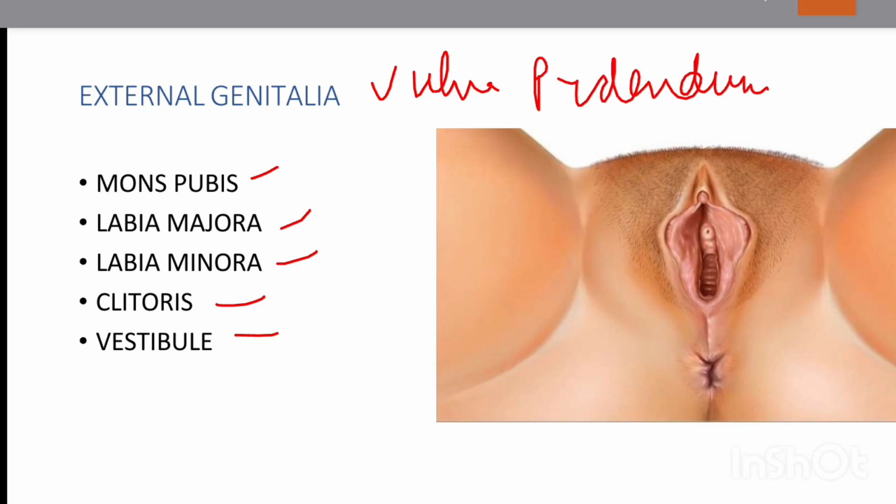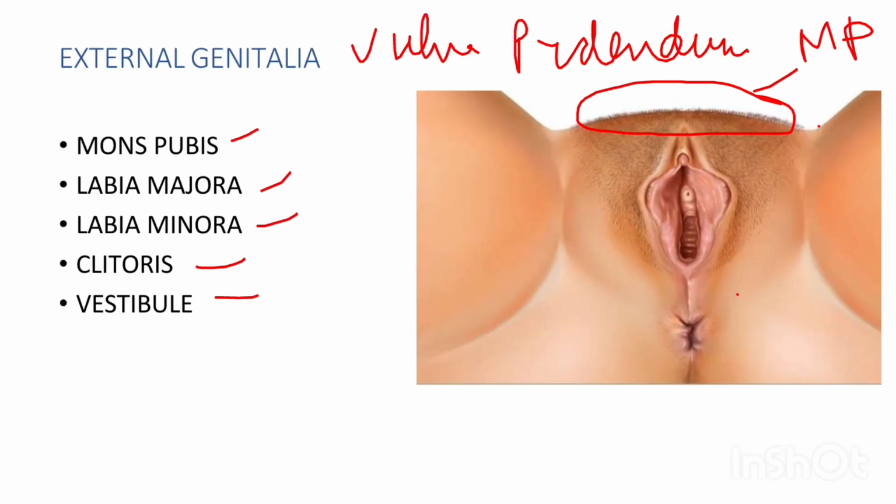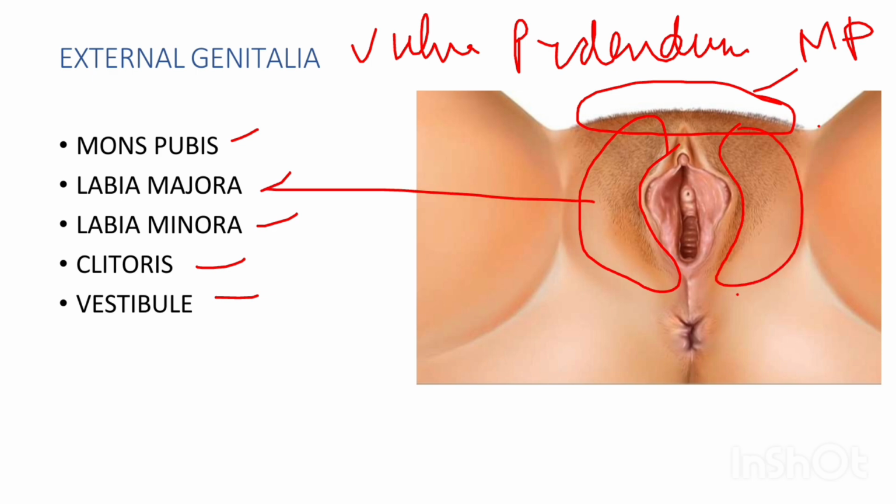In this picture we will show you the parts of external genitalia. This uppermost subcutaneous outer layer is called mons pubis. Later we will discuss it shortly. This subcutaneous fat-like structure with two folds, these are labia majora, where hairs are present.